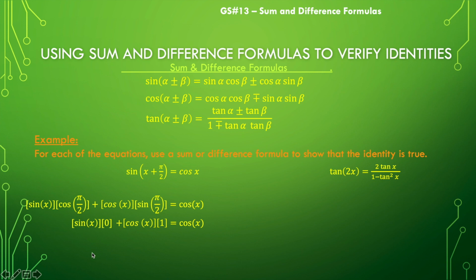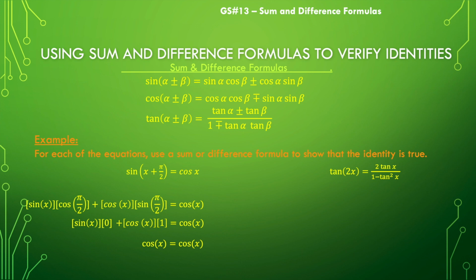And then if I'm looking at what I have, a product of sine of x times 0, well, that will just go away. And I'm going to add that to the product of cosine of x times 1, which will just become cosine of x. And I have shown that these expressions on the left hand and the right hand side are truly equal to each other.